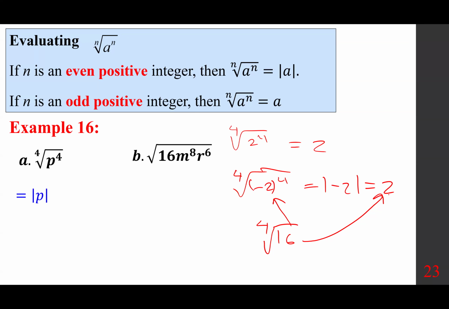What about here? You notice you want to take a root, and 16 is 4 squared. m to the power of 8. 8 is divisible by 2, so is 6. In other words, you have 4 m to the power of 4 r cubed quantity squared. So it comes out.